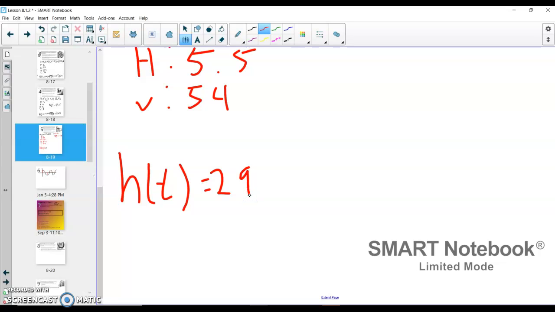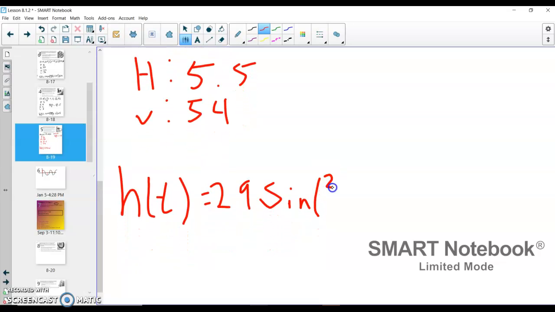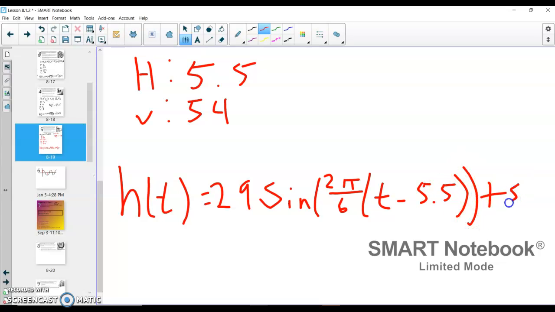And because I did that midpoint between the x values, this is a sine function of, and remember this one too, this is important, this is the b value being 2 pi divided by your period of 6, which many of you will probably say that's the same thing as pi over 3, and it is. T minus my horizontal shift of 5.5 plus my vertical shift at the end of 54.